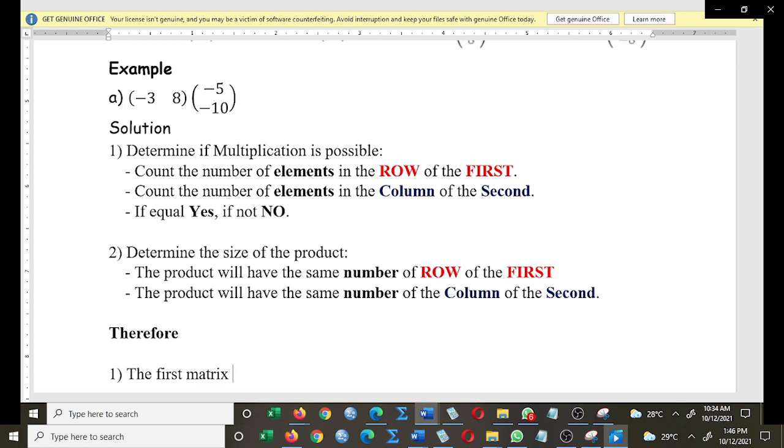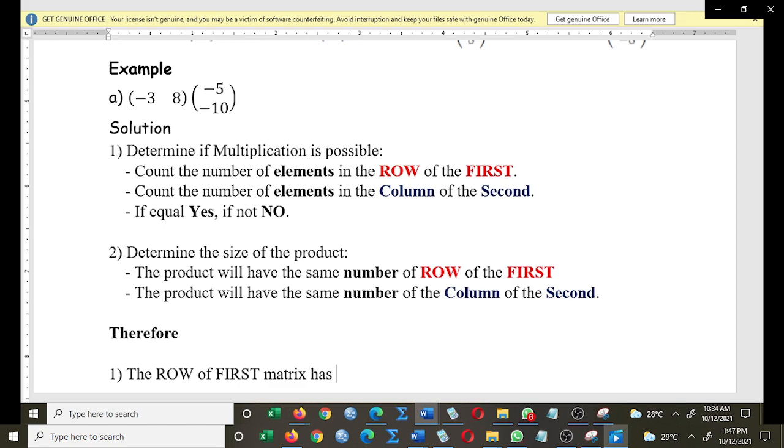Or, instead of putting the first, what I can put there is the row of the first matrix. The row of the first matrix.